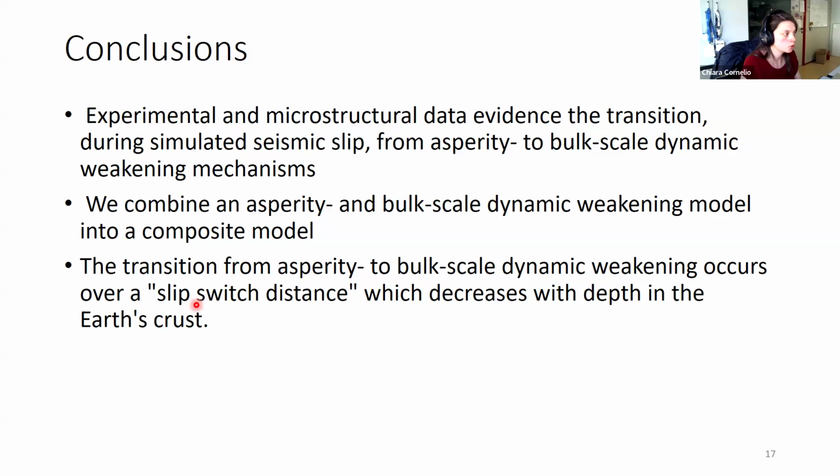We tried to combine these two weakening mechanisms using a composite model, and we identified a distance at which what is happening at the asperity scale starts to be less important than what is happening at the bulk scale. And what we saw is that this distance is a function of the normal stress, so if you want of the depth, and of the lithology that we are using.